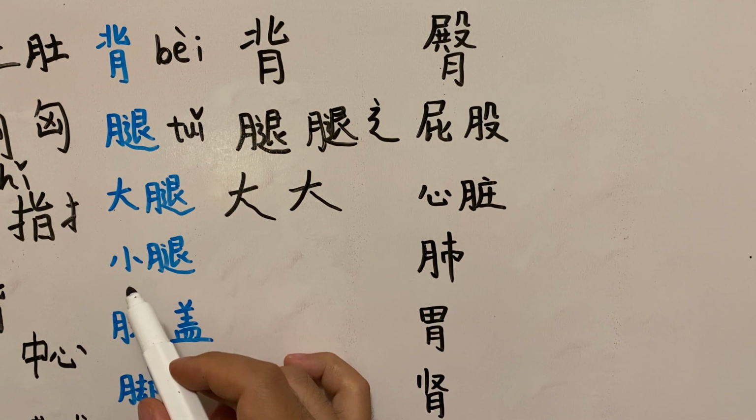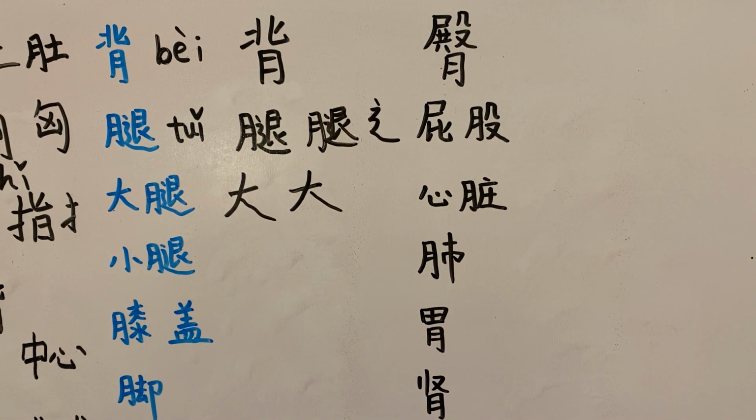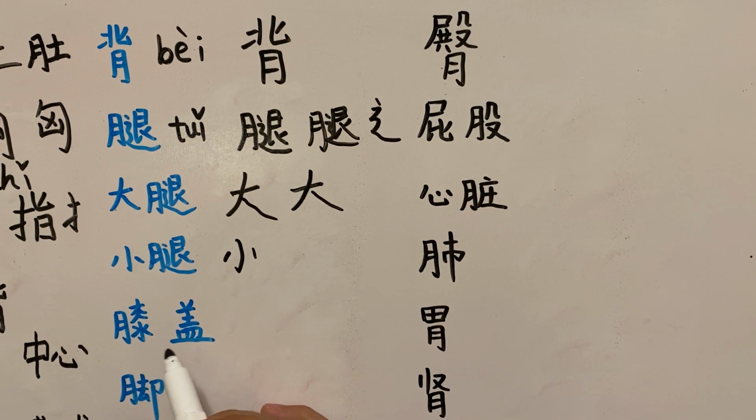And the next one, 小腿, the lower legs. 小腿, yeah, 小腿. This 小 is small, so lower legs. And this one, 膝盖.